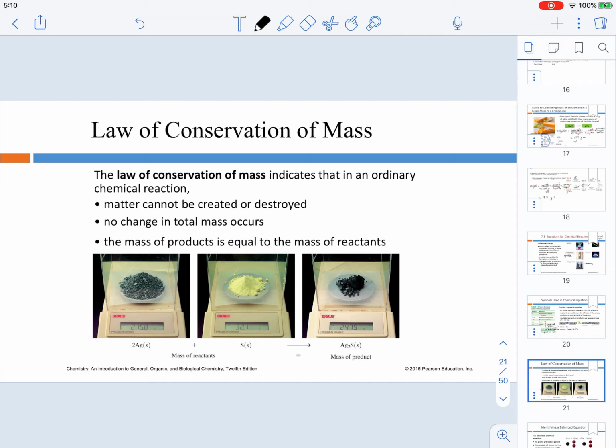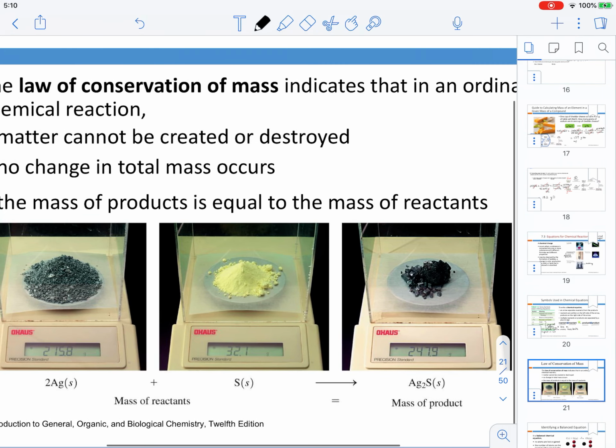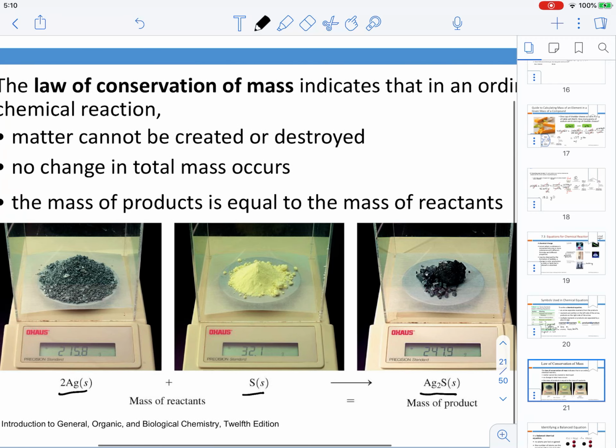Okay, so if in the reactants you have a particular element, it will show up in the product. So as you can see here at the bottom, I'm just going to zoom in. We have silver reacting with sulfur. So those two elements must be present in the product. And as you can see, Hg2S is what is formed.